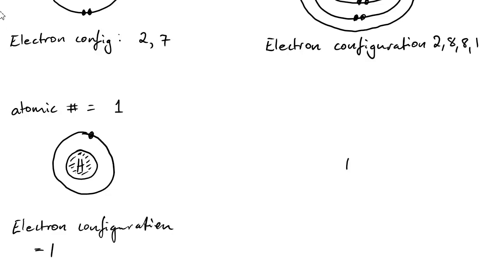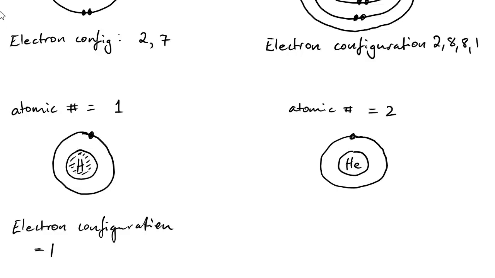On the other hand, helium still has 1 electron shell, right? But the atomic number for helium is equal to 2, and so you've got 2 electrons, and we bunch them together because that first electron shell is now completely full.